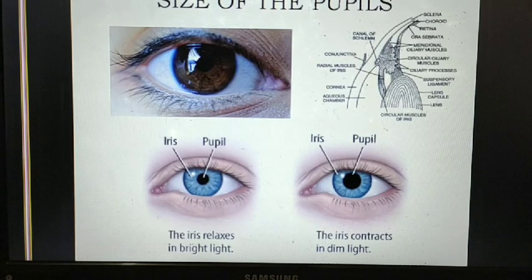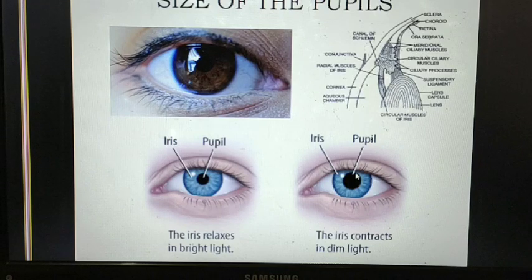The pupils control the amount of light entering the eye. In a bright light, the pupils are constricted, whereas in dim light, the pupils are dilated.